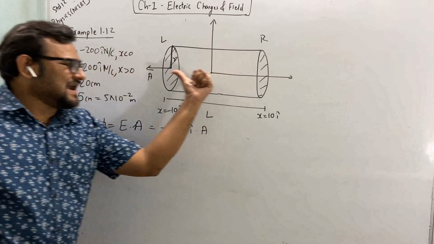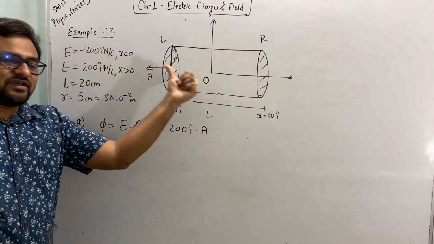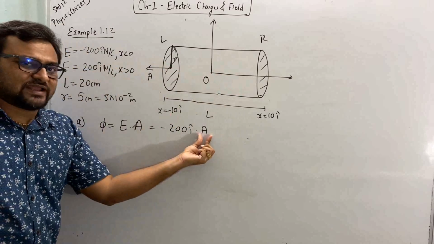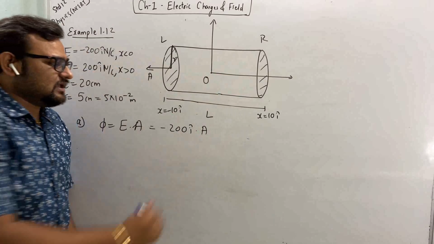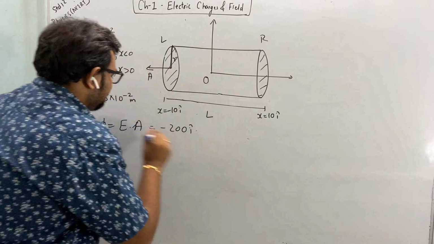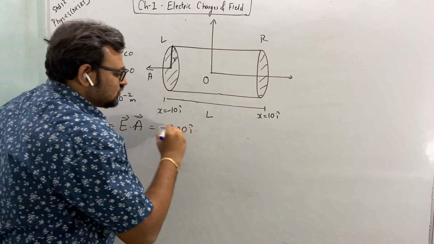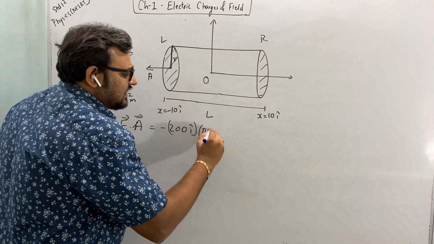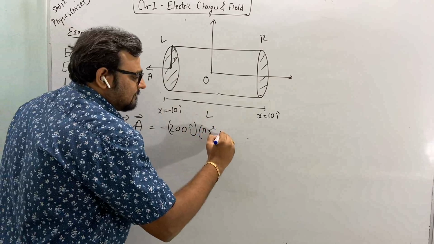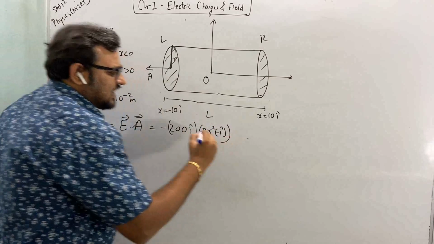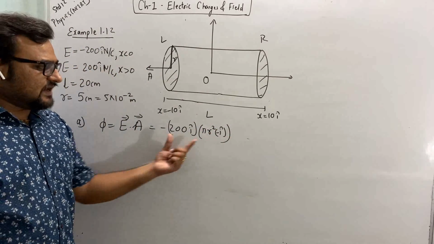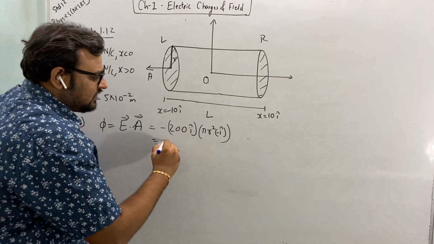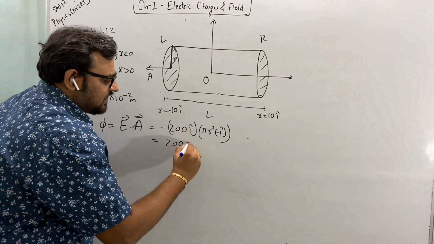It's in the minus i direction. So the direction of A is also minus i. So this will be minus 200i dot pi r square times minus i. Clear? So minus minus becomes plus, it will be 200 pi r square.